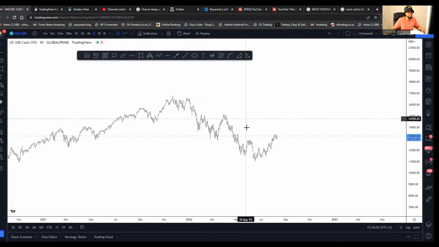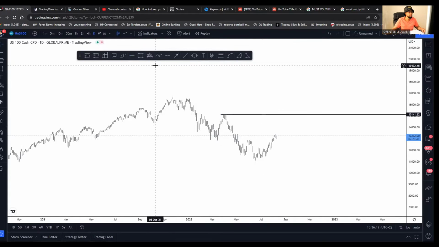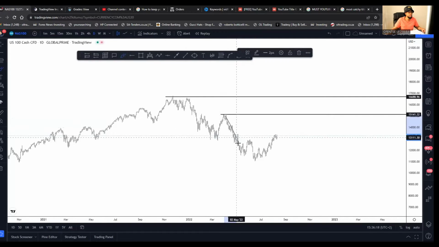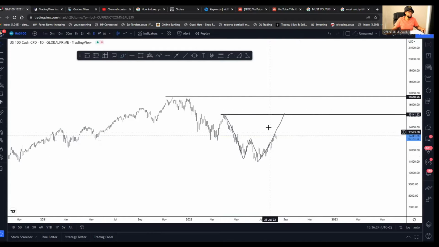You can see we are having this type of movement, the overall direction that we're anticipating. So we knew that we are ultimately going upward.